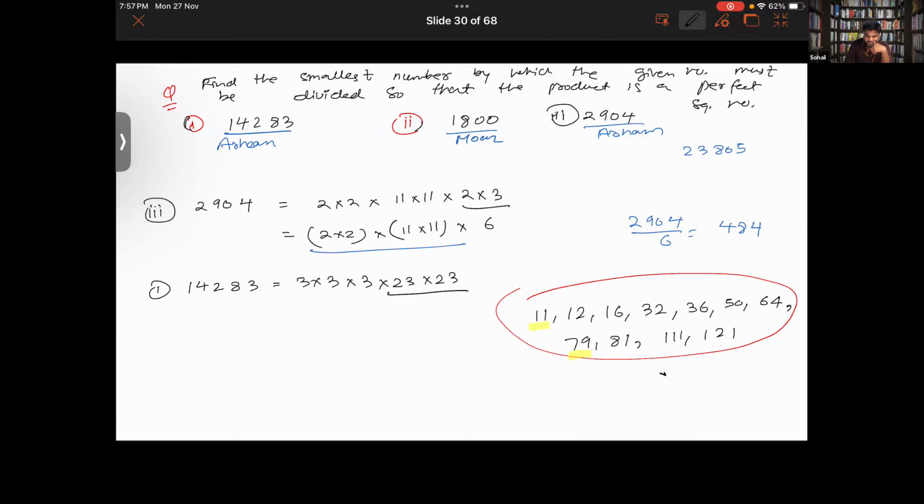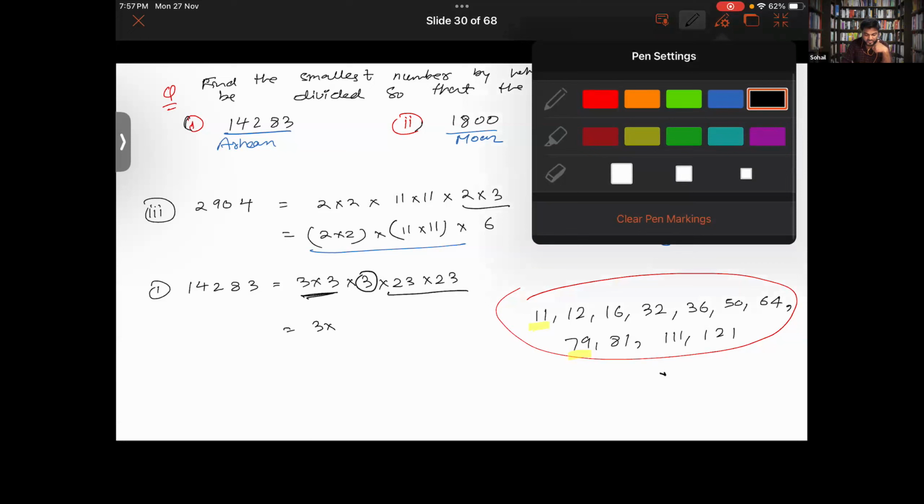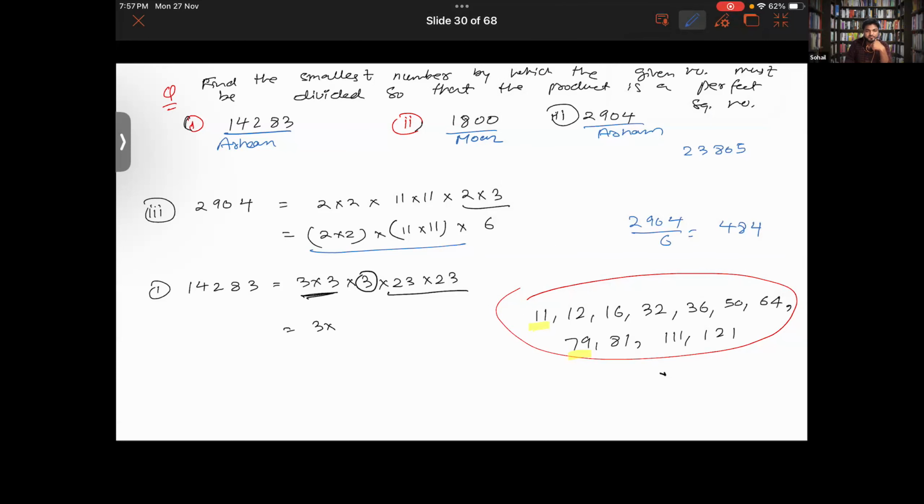Square of 23 is 529. Yes, sir. That is correct. So we are left with only 3 here, right? Yes, sir. So we have to divide it by 3. That is correct. So the end value is 4,761.